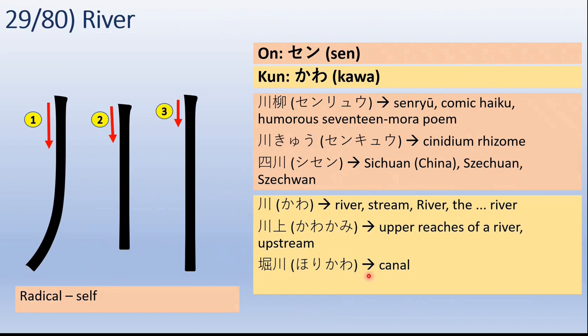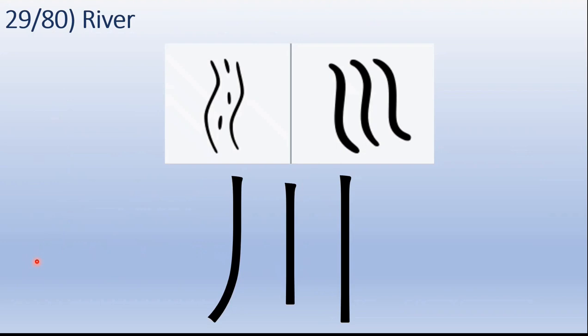Three strokes, and except for the first one, both are just simple vertical lines, and the first line will be a little bent towards the end. So this is how the kanji is derived. This is quite clear. This represents the flow of water like in a river.